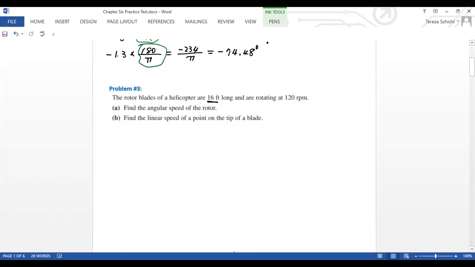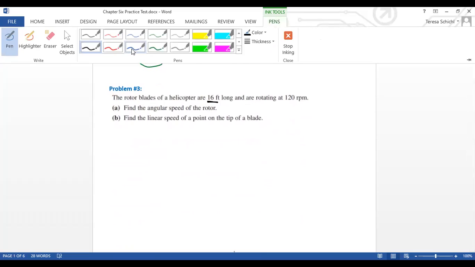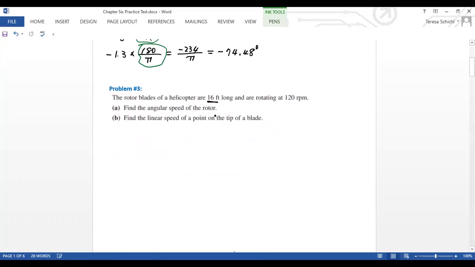The angular speed, we call it omega, will be the total radians over the time. This is the angle change: how fast the angle changes by time.